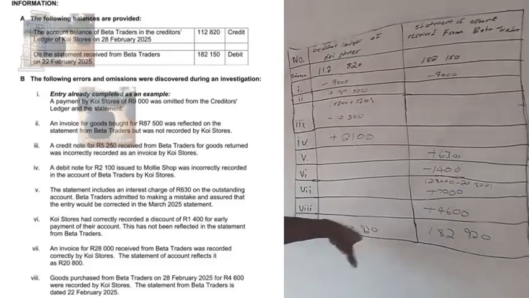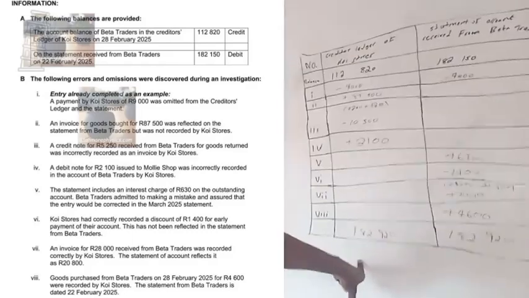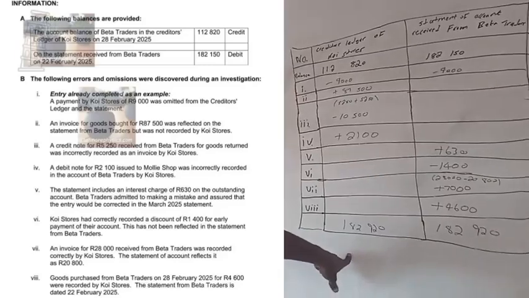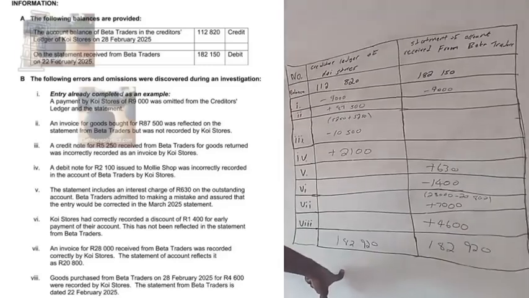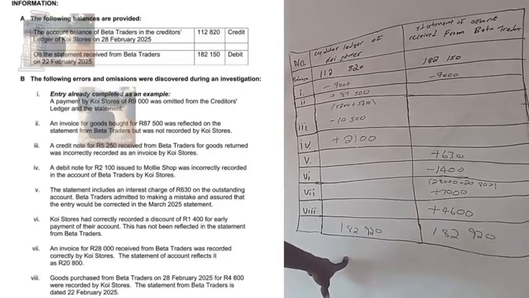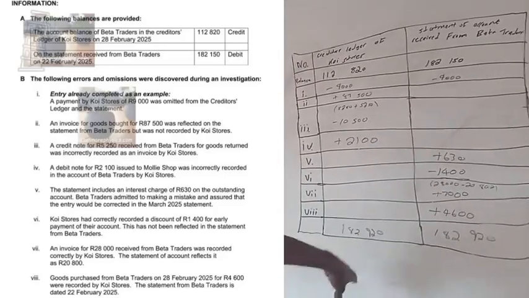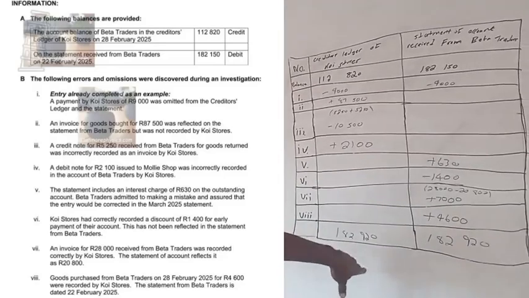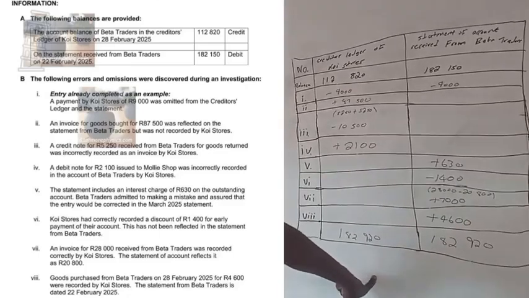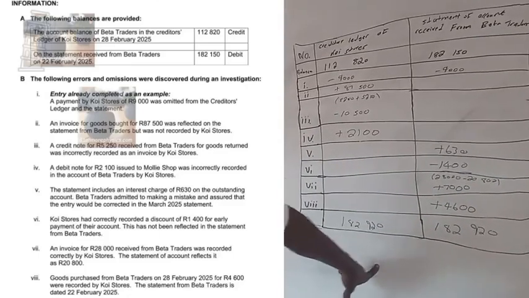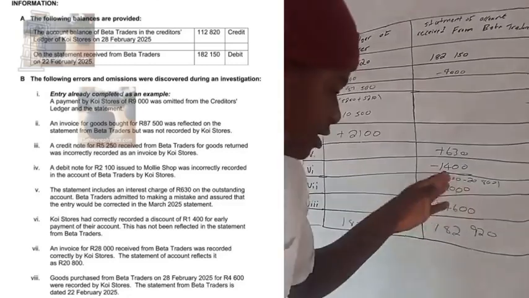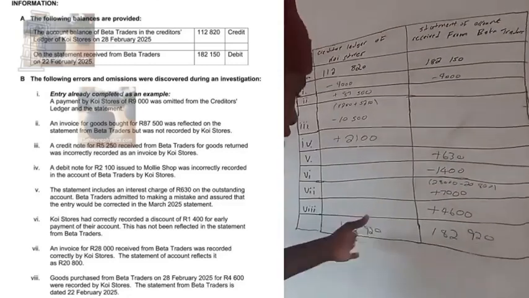But you must write this one because you will get a mark for this. If you think maybe I'm wrong, you can just Google or look for the memorandum and then you will see it's like this. This is the correct answer. The answers don't always have to be the same, but you must make them the same. When you get the correct answer this side, make sure you write it this side also.